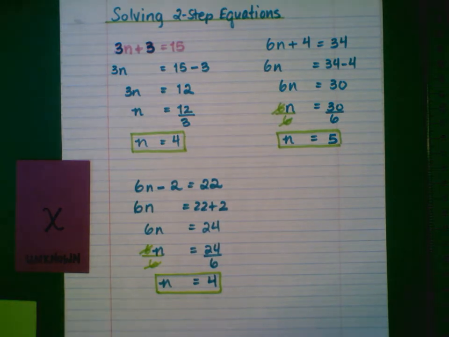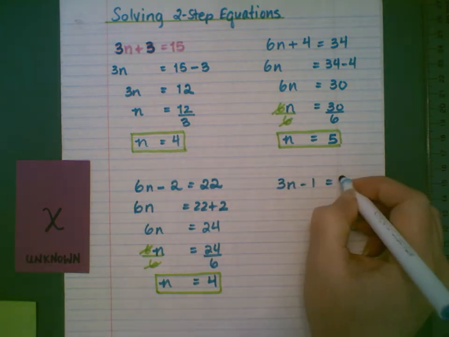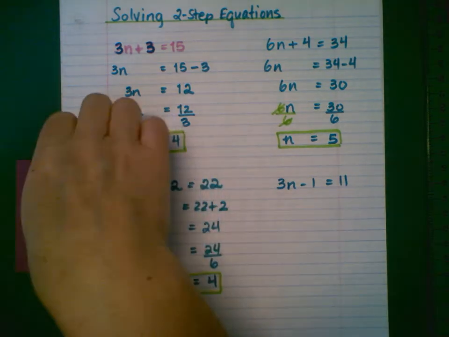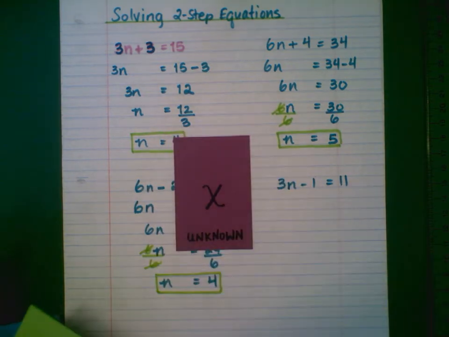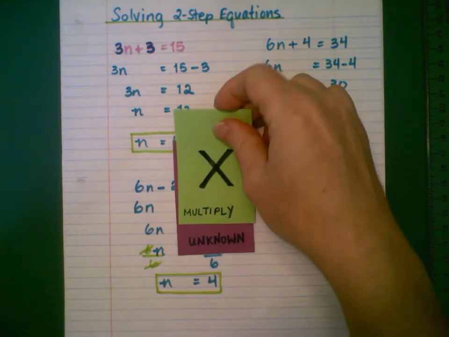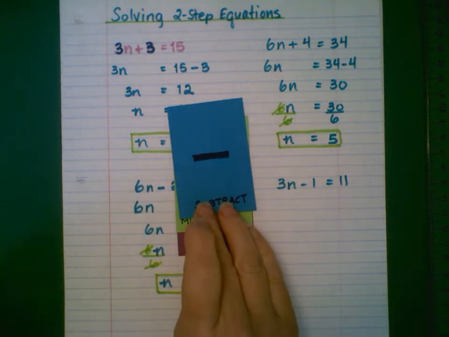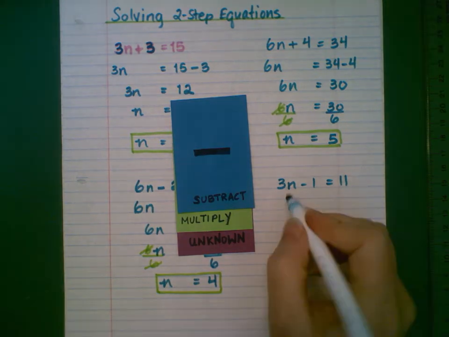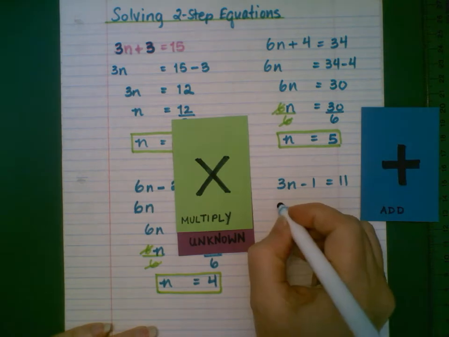All right, let's try one more with another subtraction in it. So this time, my unknown n has been multiplied by 3, and then it's had a subtraction of 1, and the result is 11. So to undo that subtraction of 1, I will need to add 1.